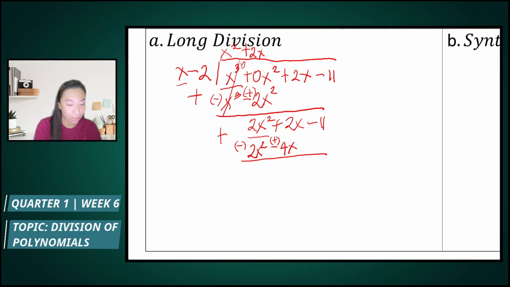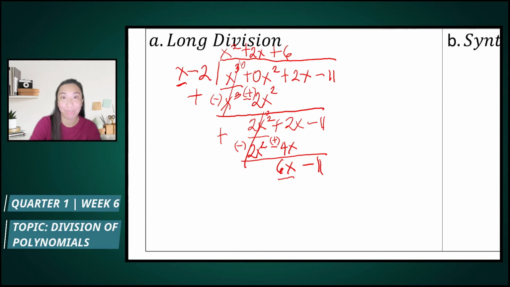So 2x squared plus negative 2x squared is equal to 0. 2x plus positive 4x is 6x. And then we are going to bring down the remaining term, which is negative 11. So we can still continue. Repeat the process. So 6x divided by x, that is equal to positive 6.